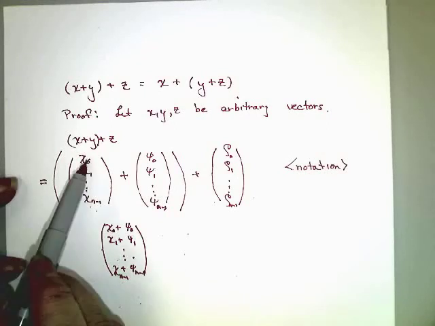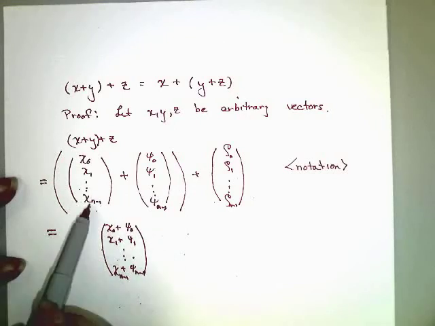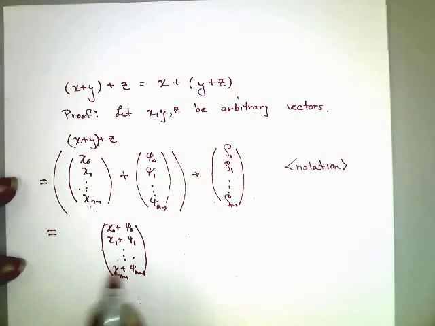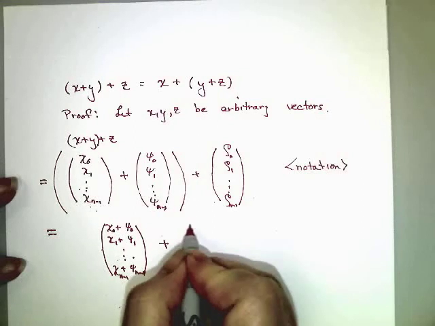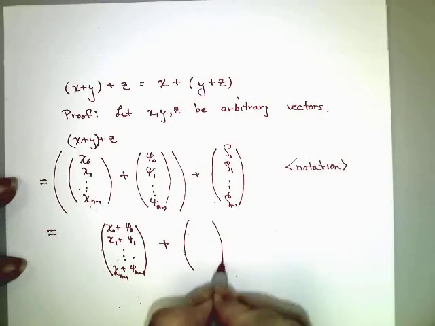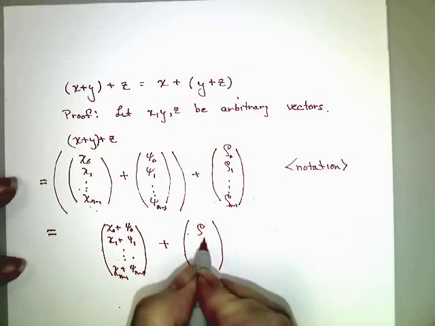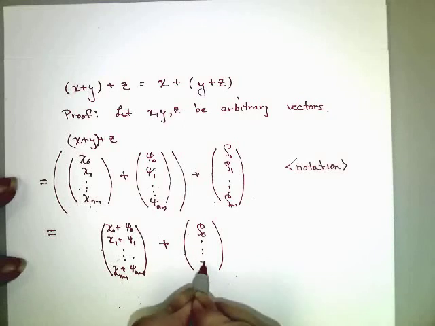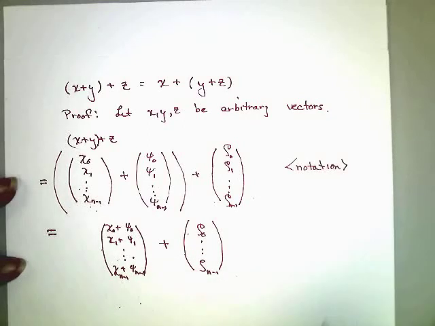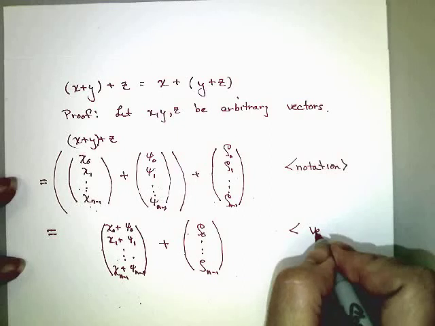So I add the components together. Then what I want to do is add the vector z. This is just vector addition.